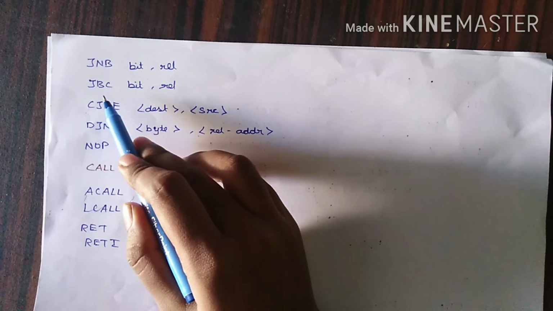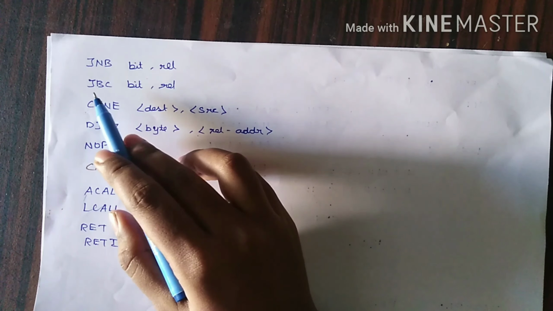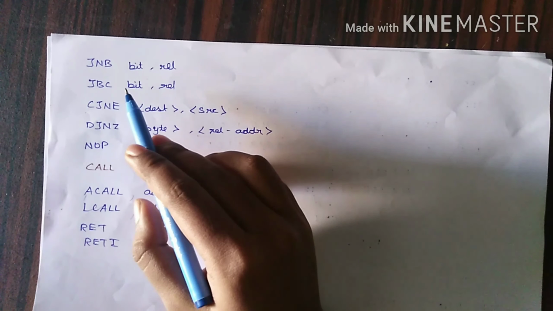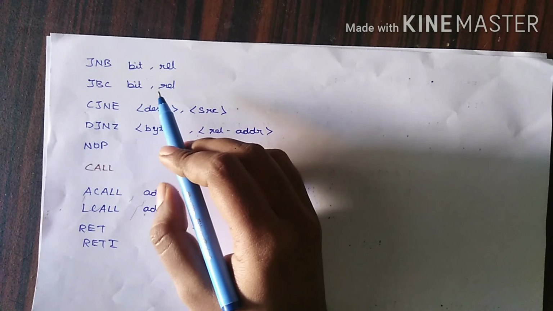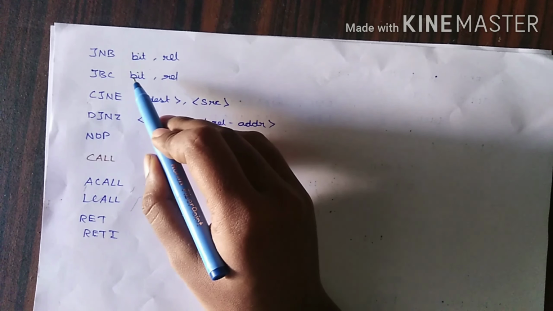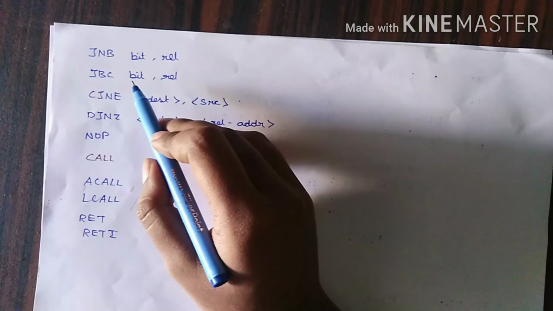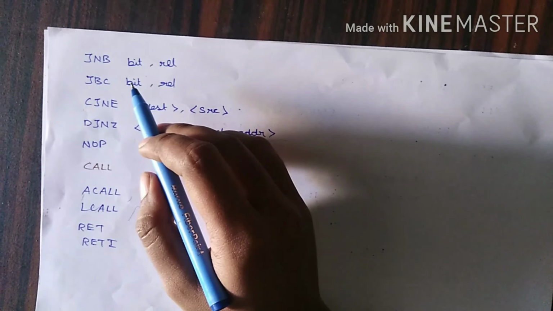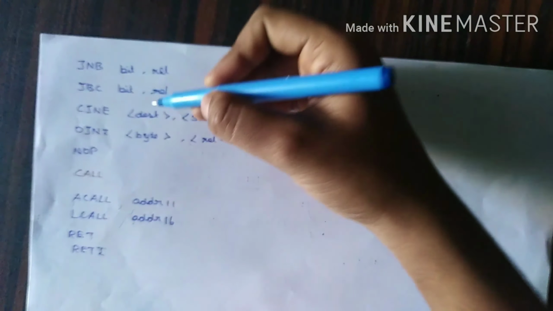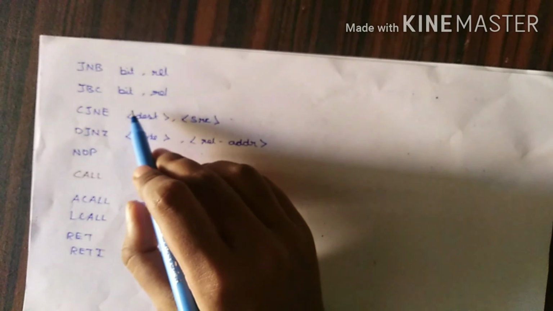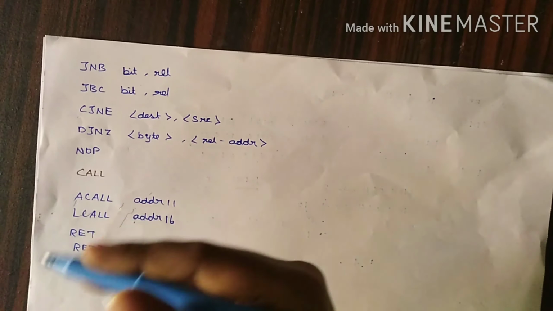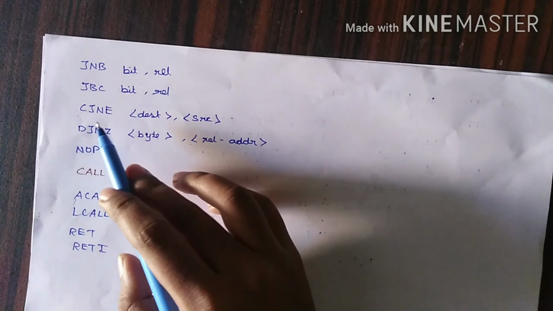Now this instruction will check whether the bit is set or not, and it will jump to this relative address if the bit is set, and also clear this bit. Making this clear, if this bit is set, then it will jump to this relative address and also clear the particular bit, and if it is not set, then it will go on proceeding to the next instructions.